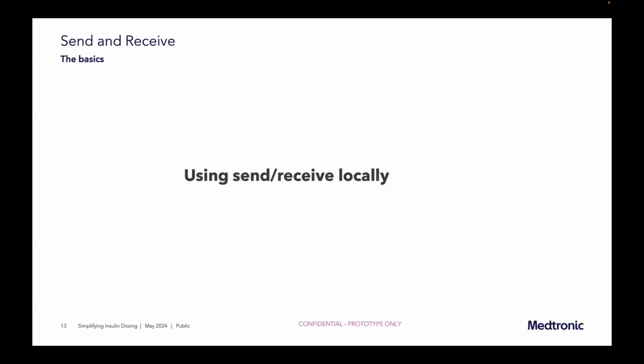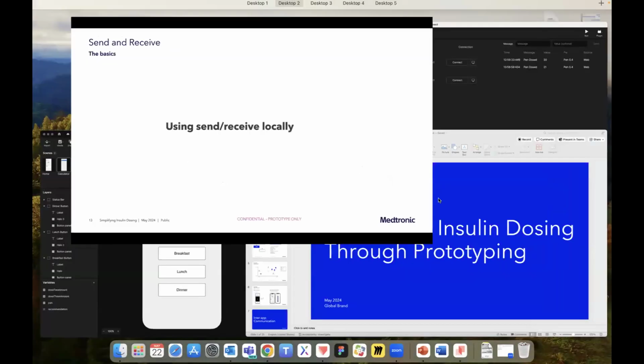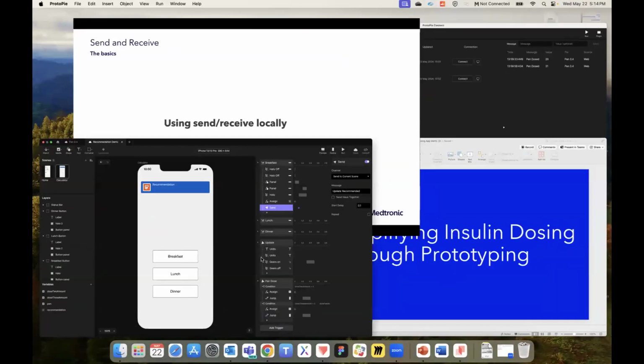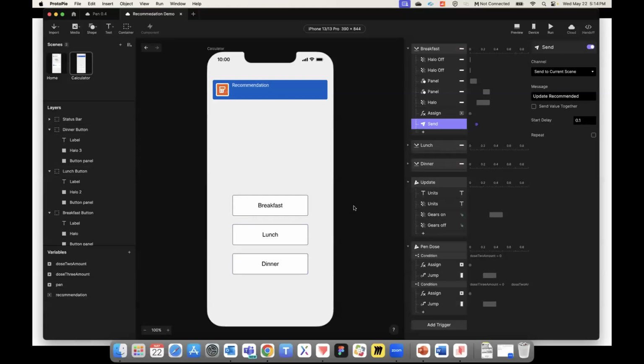Now to get there, because I don't want to go too fast here, I want to look at this send and receive stuff in ProtoPie. If you're not familiar, this is almost like a function call and response. So here, if you click on breakfast, it's got a tap action up there.